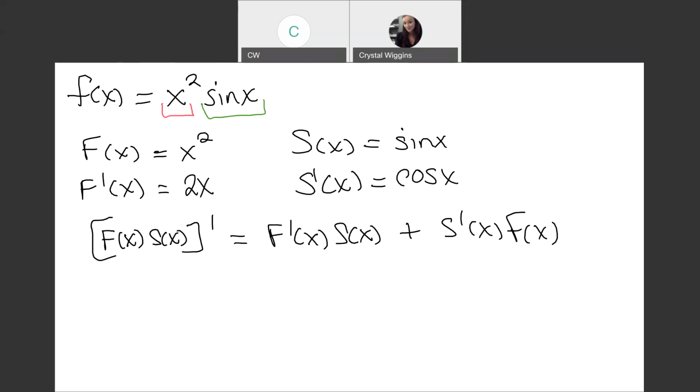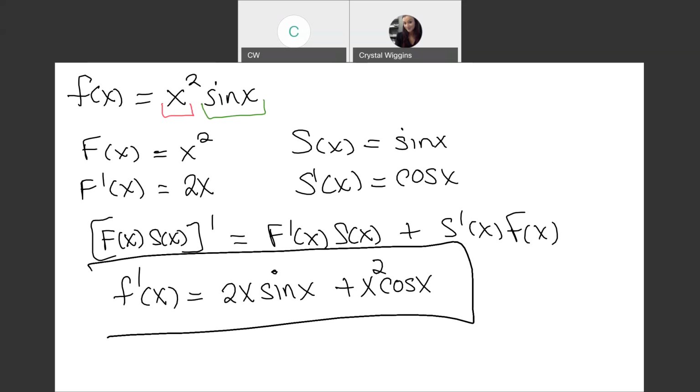So let's fill this in. The derivative of f of x is equal to the derivative of the first times the original second plus the derivative of the second times the original first. I'm going to write it in front so that I'm not confused and don't think that it's also inside the cosine. And that's it. That's the derivative of this example.